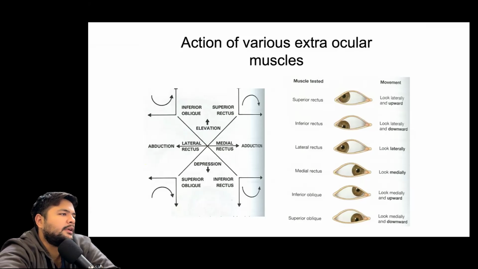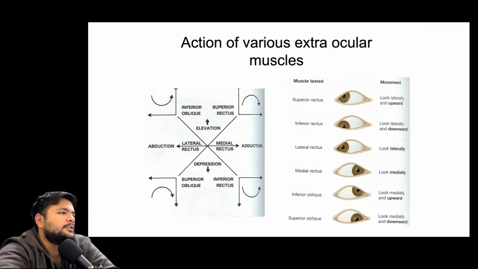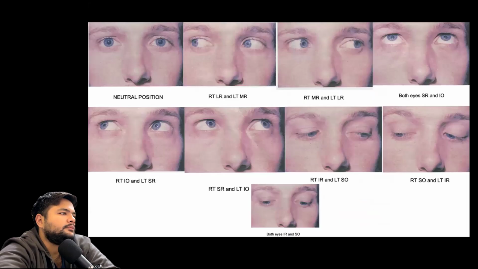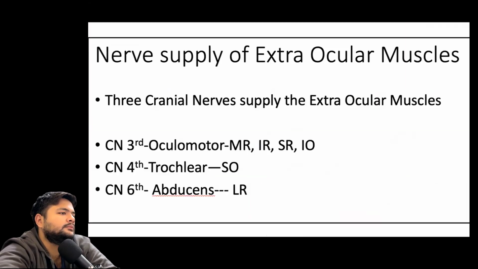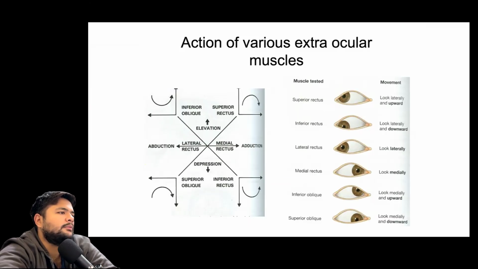Always remember that the superior and inferior oblique muscles act opposite to the superior rectus and inferior rectus. So if the inferior oblique muscle is acting, it will act opposite to the superior rectus muscle. So these are the various diagrams from which we can understand the actions of different muscles.